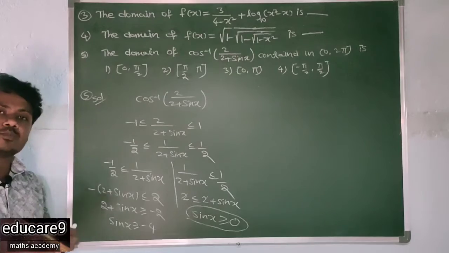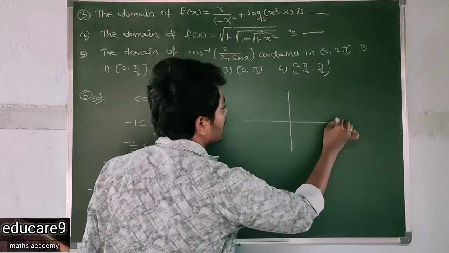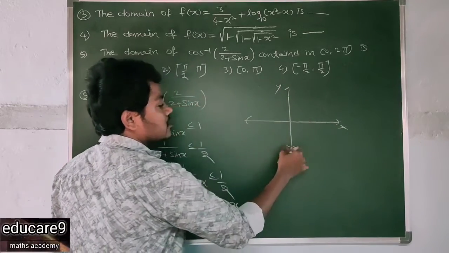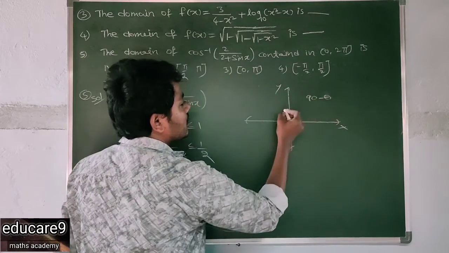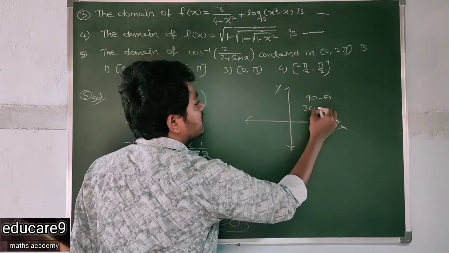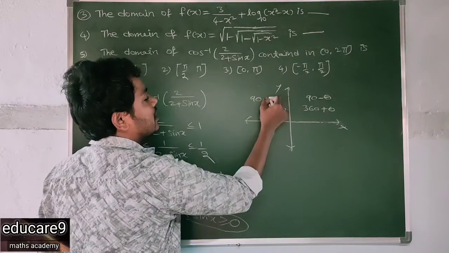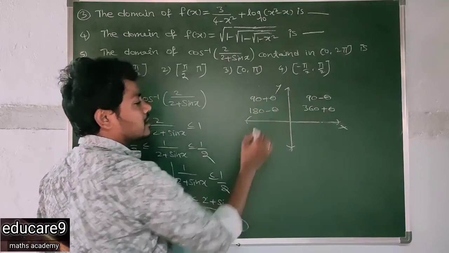It means sin x is positive. So where is it positive? Draw the coordinate axes, x axis, y axis. So in this, 90 minus theta, next 360 plus theta. So here 90 plus theta and 180 minus theta.